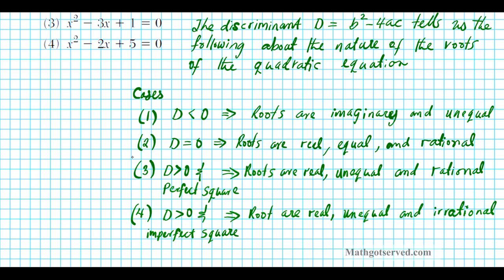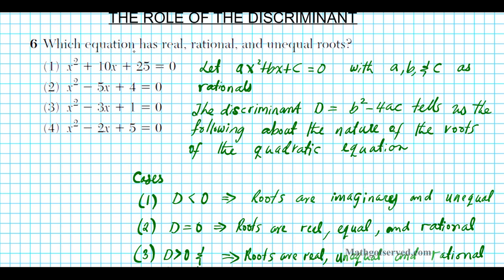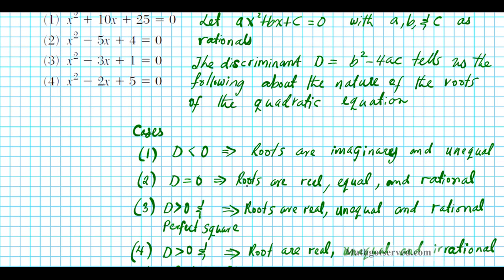All right. Okay, now let's go back to the problem. So it says, which equation has real, rational, and unequal roots? So what we're going to do is take a look at these 4 options, find the discriminant value of all 4 of them, and then see which one will have real, rational, and unequal roots. If you look at the 4 cases we have here, the discriminant that is greater than 0 and a perfect square is going to be real, unequal, and rational.